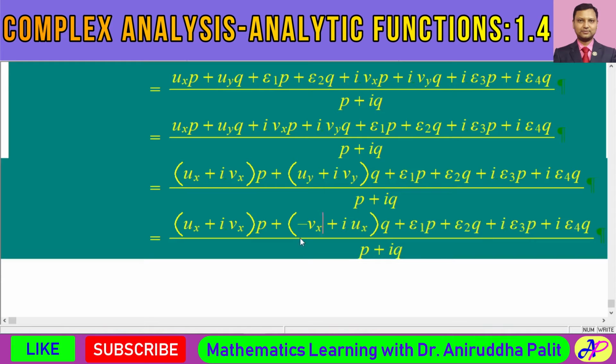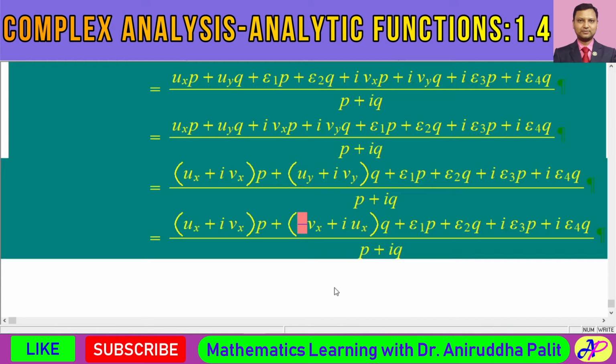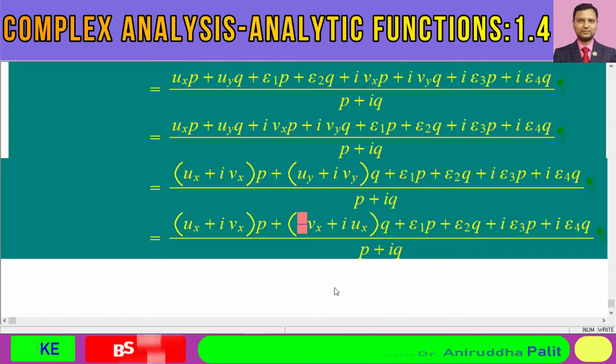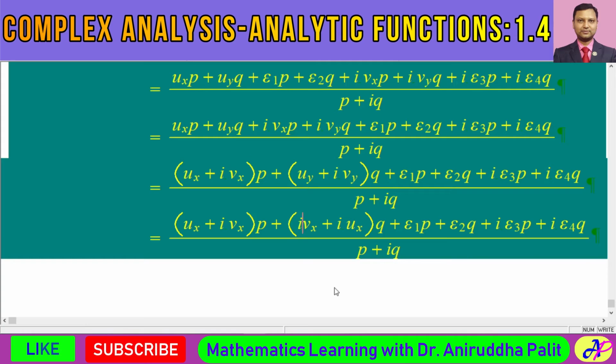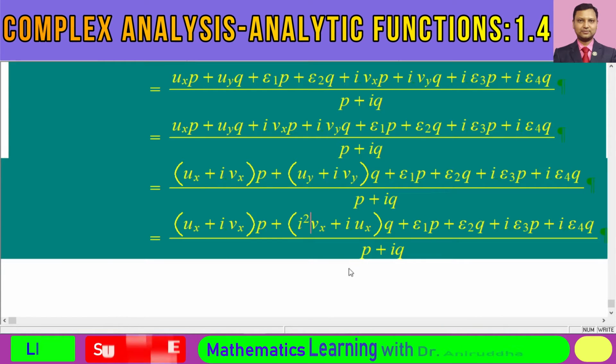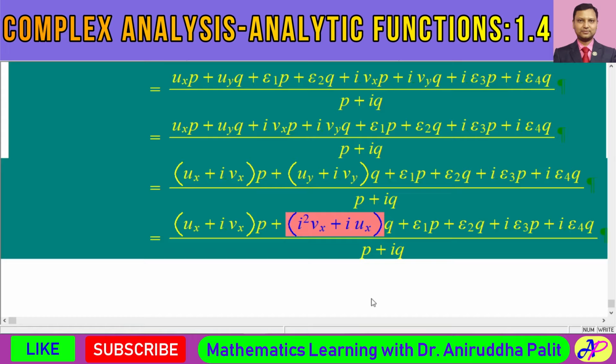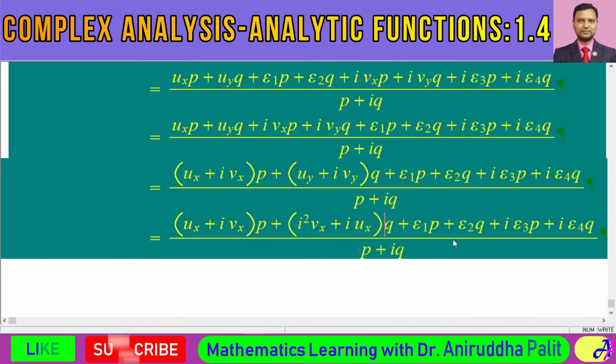Here, now you see this minus 1 is multiplied by vx. So this minus sign can be written as the square of iota, or i squared. Therefore I can now further take small i common out of this expression.